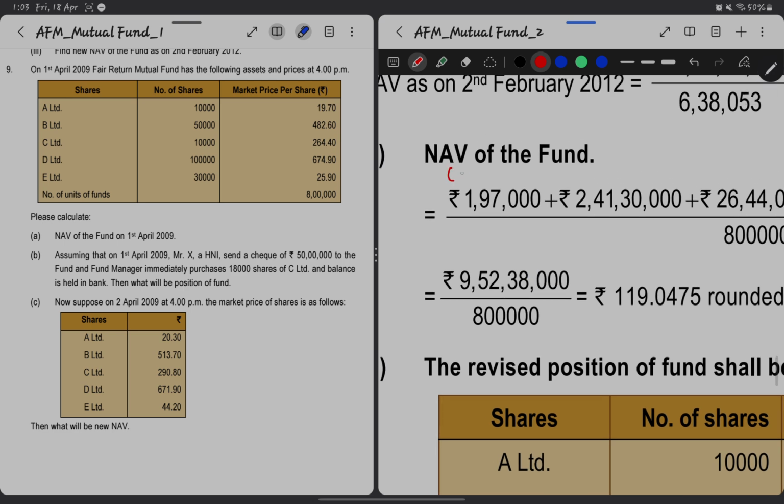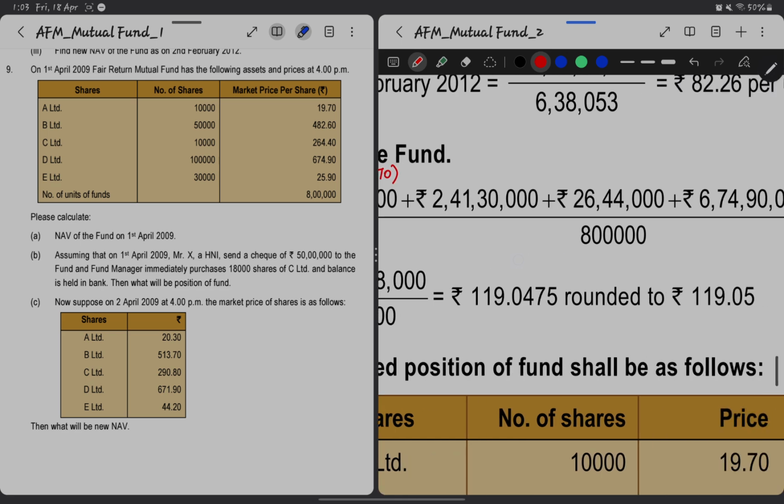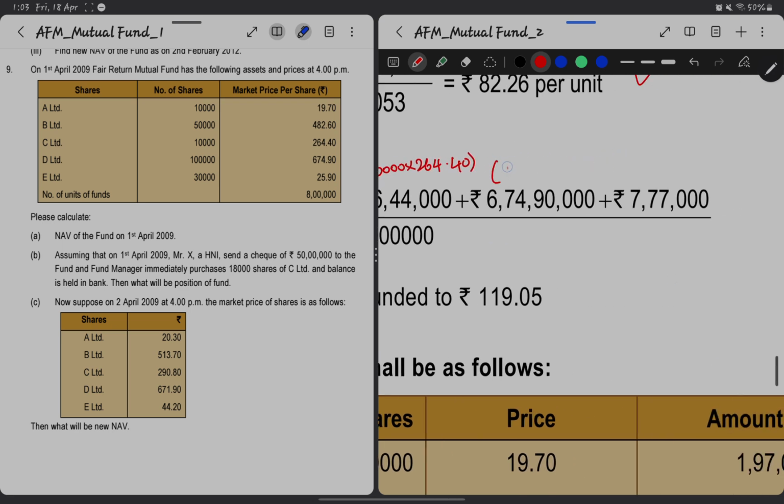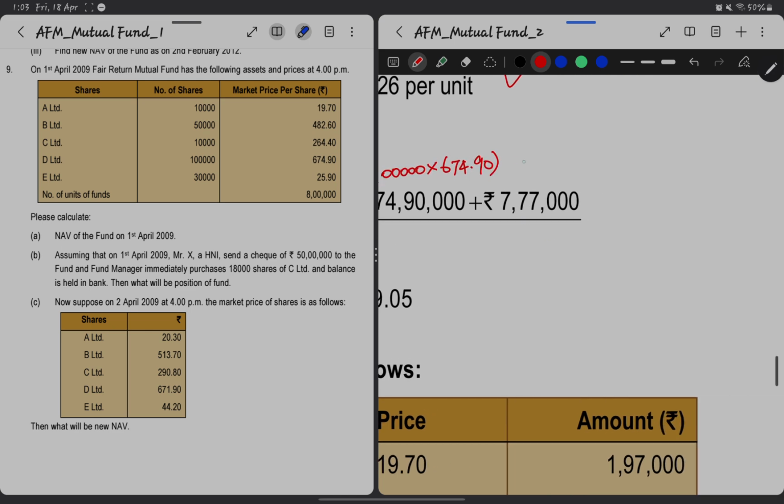This is for A Limited, so 10,000 multiplied by 19.7 is 1,97,000, then 50,000 multiplied by 482.60 is 2 crore 41 lakh 30,000, then 10,000 multiplied by 264.4, then 1 lakh multiplied by 674.90, then 30,000 multiplied by 25.90.